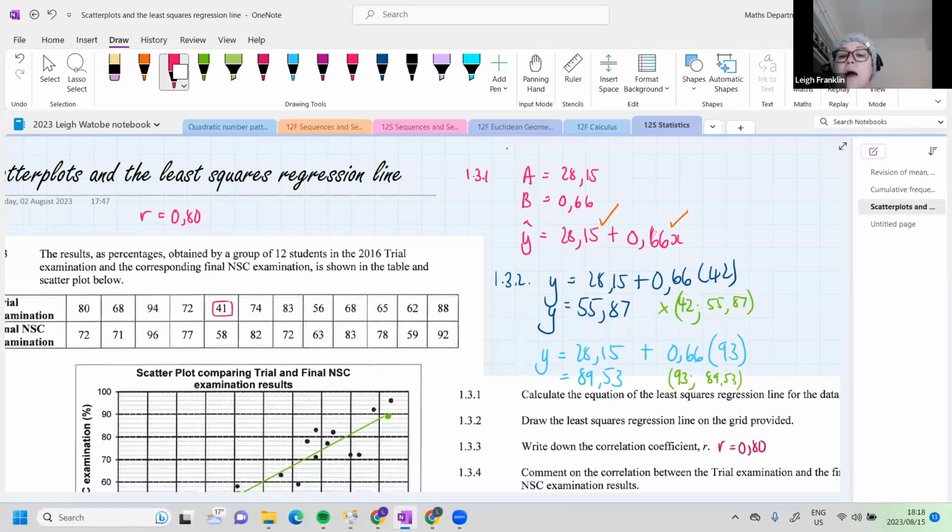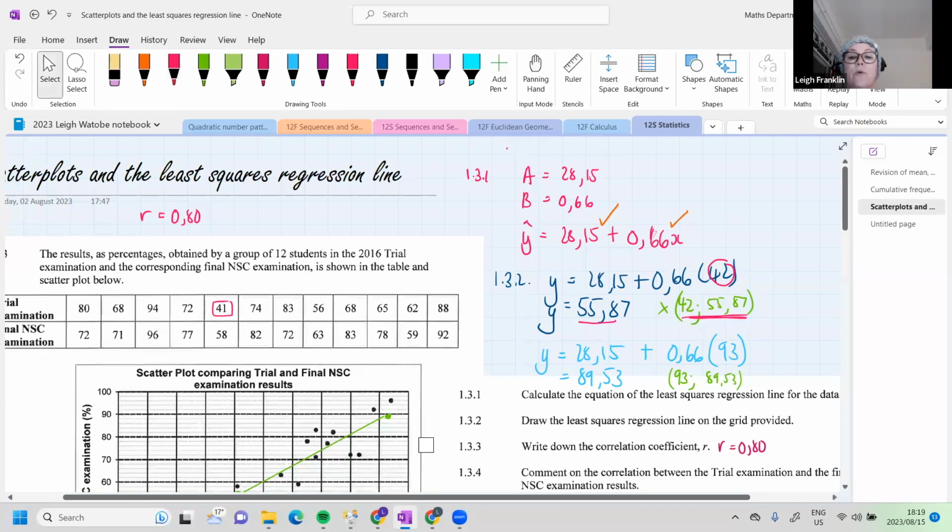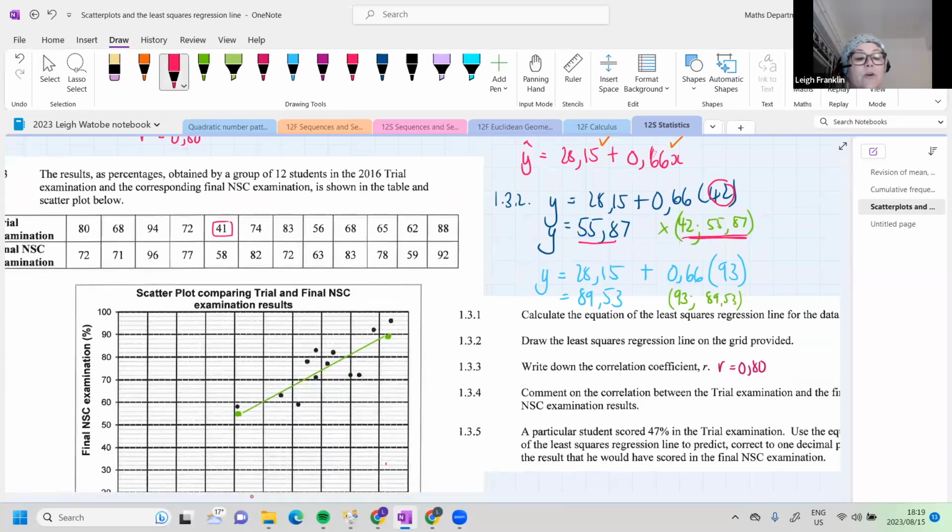That's why I've chosen 42. If you worked with 43, it would be fine. If you worked with 44, it would be fine, because there's quite a big difference in the X's here. Sub it in and get your corresponding Y. That gives you this XY coordinate, which is what this pink point is over here.